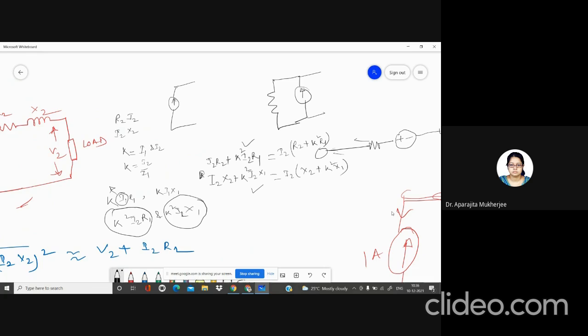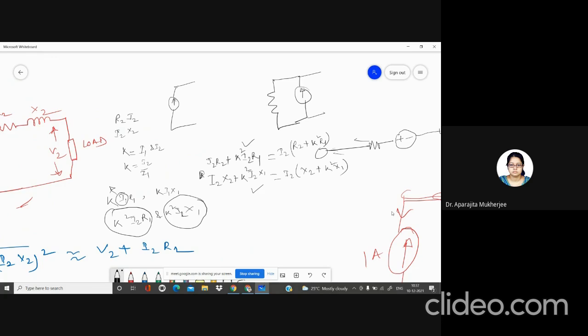If we take I2 common from these, we get R2, the secondary resistance, plus R1 multiplied by K square, referred to the secondary. Then for the reactive drop, X2 plus K square X1. This is the resistive drop and reactive drop referred to the secondary side.